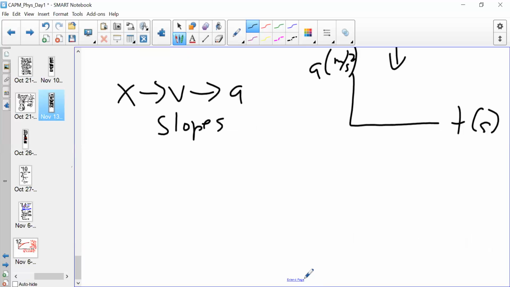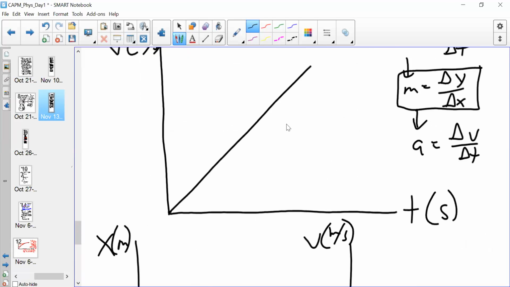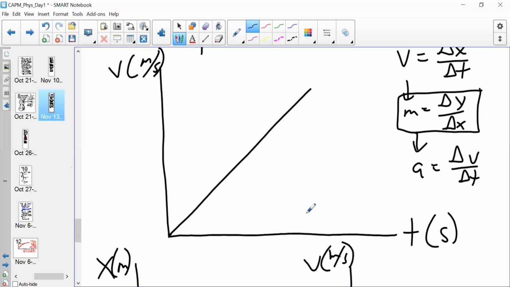Now, what you can do when you go from a to v to x, we have to do areas. So if I want to go from v to x, which I need to do in this graph here, I have to take the area underneath this curve, underneath this line. What does that look like? Well, we have to capture both endpoints underneath this line.